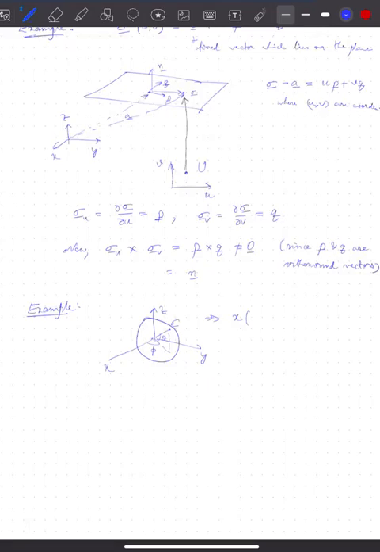So x will be a function of, say, theta comma phi, and this is given by cosine theta and cosine phi. Likewise, y as a function of theta and phi is equal to cosine theta and sine phi. And then z, of course, as a function of theta and phi is given by sine theta.